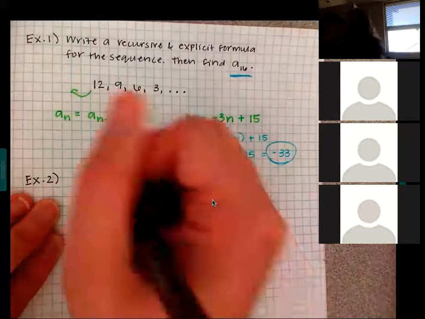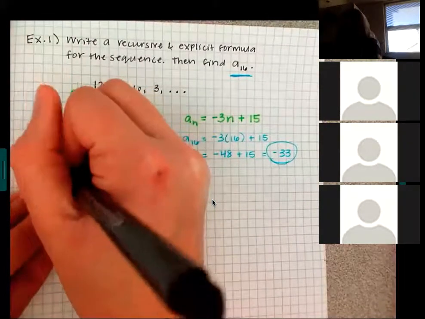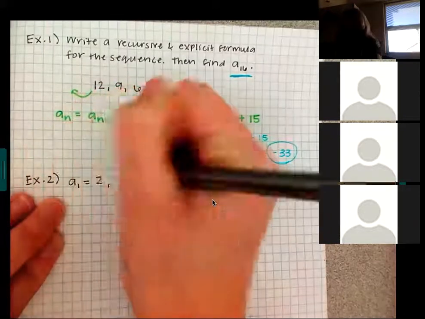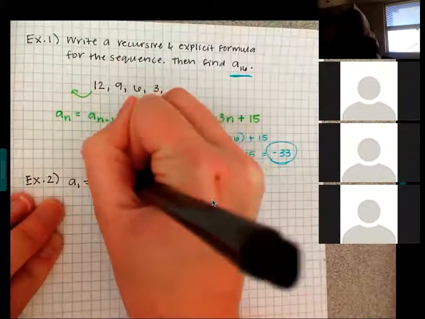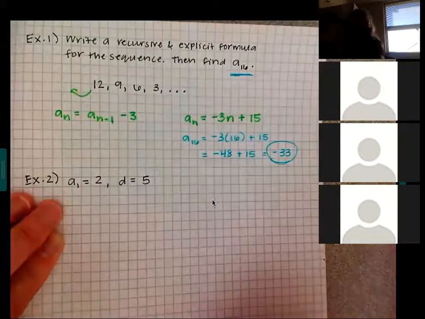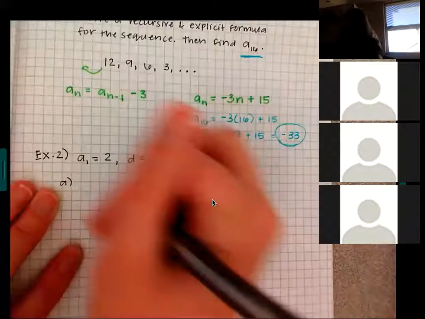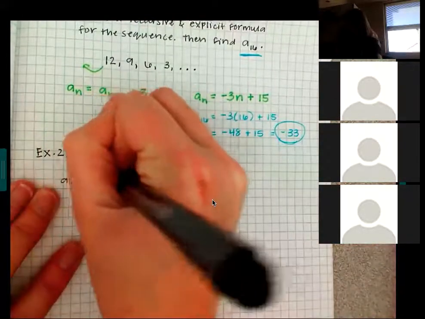All right, example 2. I want you to use that a sub 1 is 2 and that the difference is 5. And what I want you to do with these things, I want you to first tell me the first 6 terms.